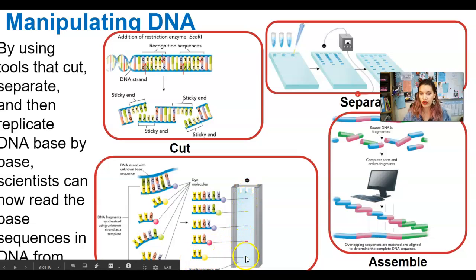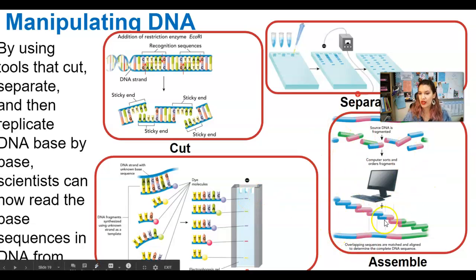It will move farther through the gel. That's because it's going towards the positive end, because DNA is slightly negative, so it moves towards the positive end of this gel plate. Then it helps scientists to determine what bases the segments of DNA actually are, and you can match up the DNA to other segments.